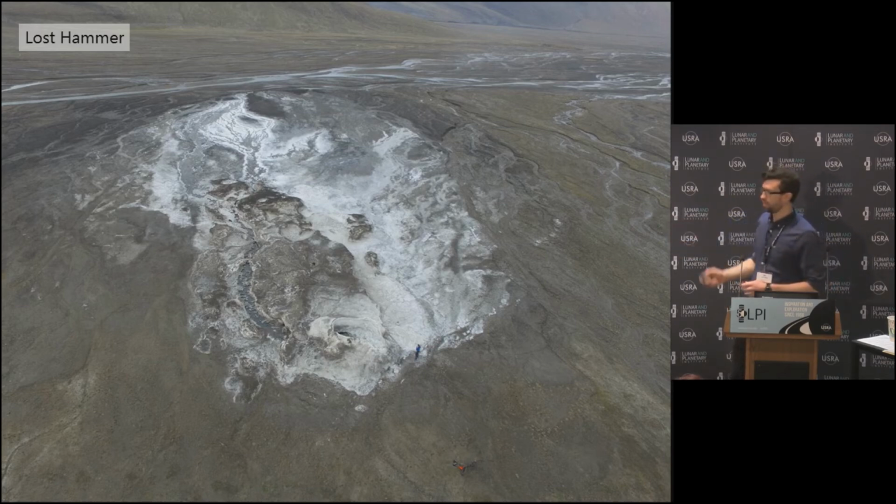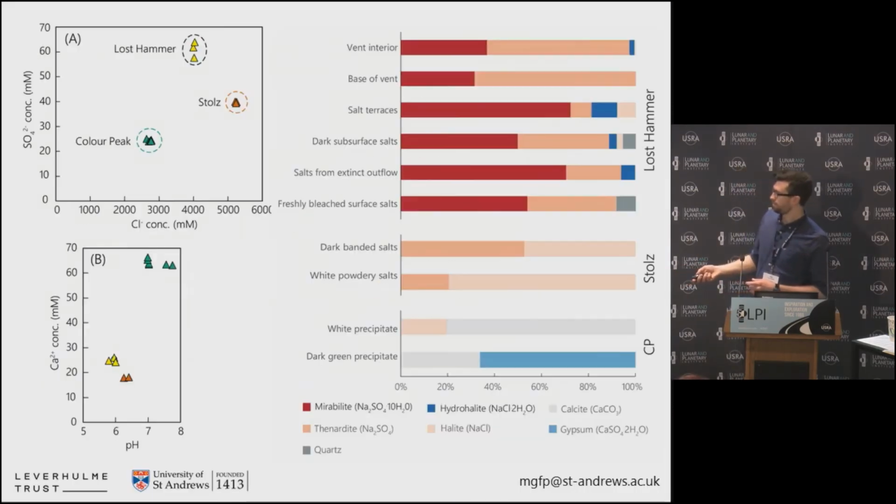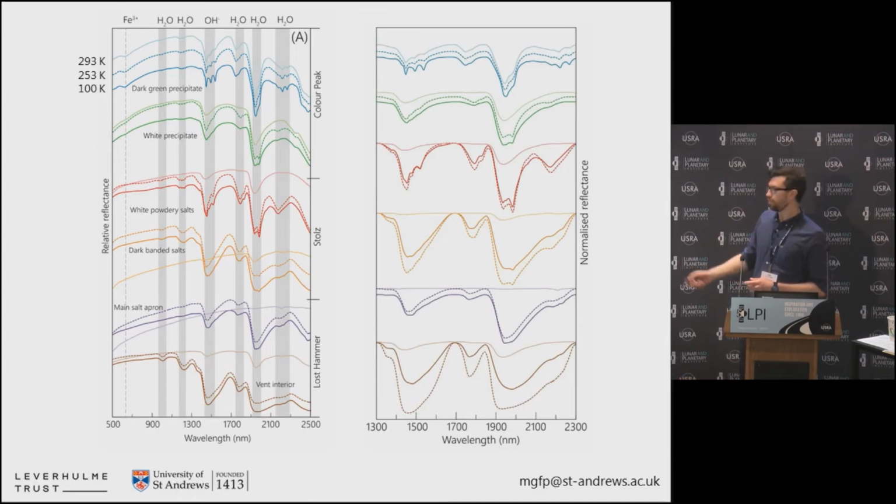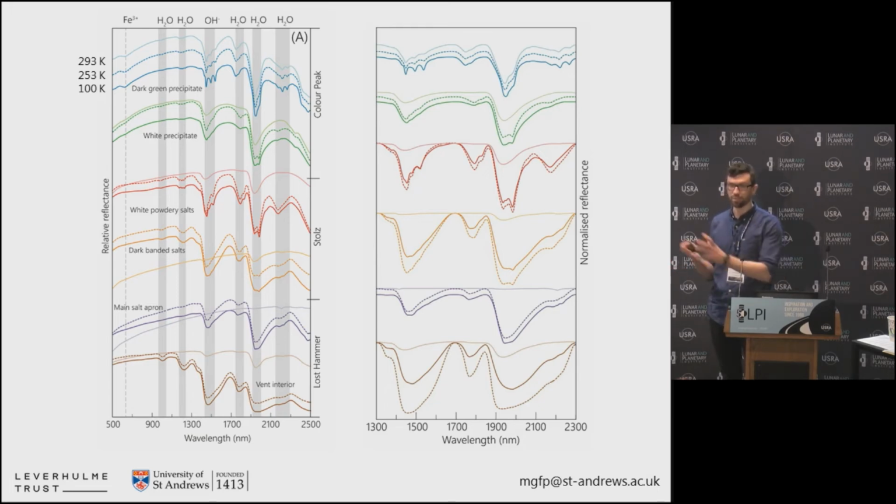Got it. Thank you. In terms of the vent interior stuff, we don't really know. One thing is that these salts are quite hard to handle. They change, they recrystallize, they get wet, they dehydrate. They're very hard to actually keep stable and analyze as they were in the natural environment.